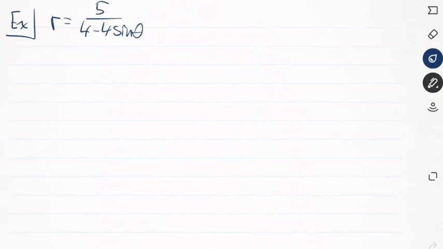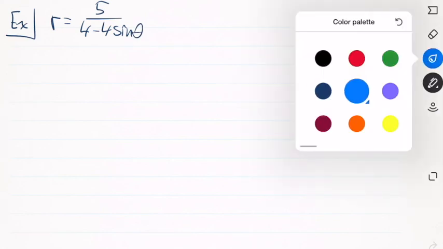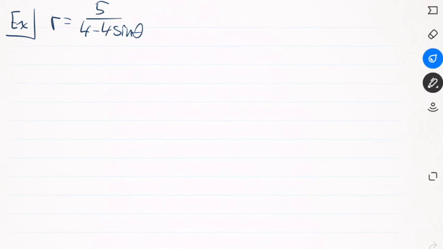All right, so the clues we're looking for: number one, this is a minus sign, so we know it's going to be either x equals a negative number or y equals a negative number for the directrix. Because this is sine, that tells me that y is going to be a negative directrix. So just looking at this, I know that y is going to equal some negative number.